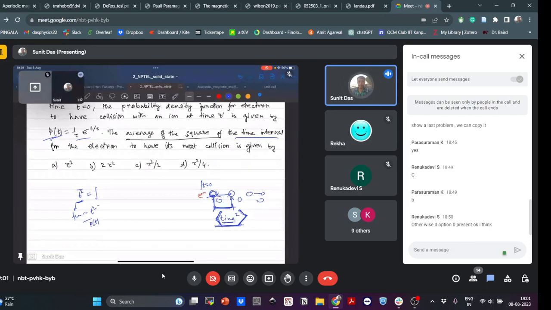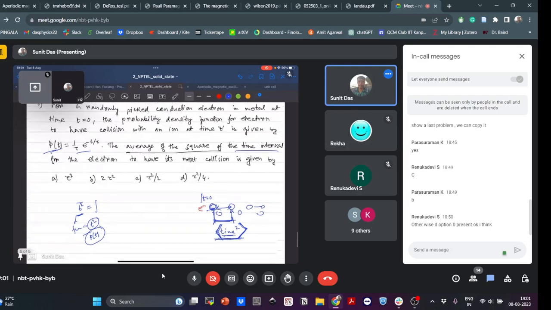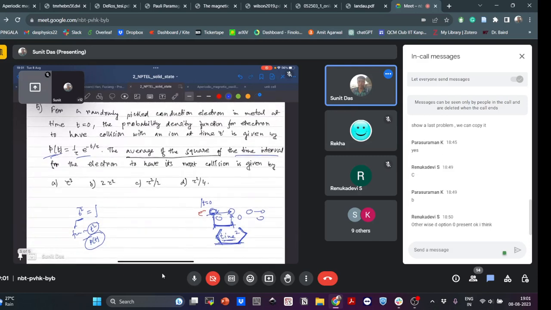We have been given a function's probability, p of t. You just need to find the average of it.